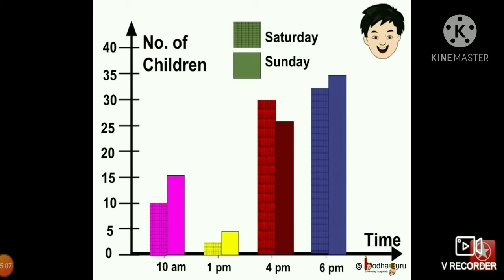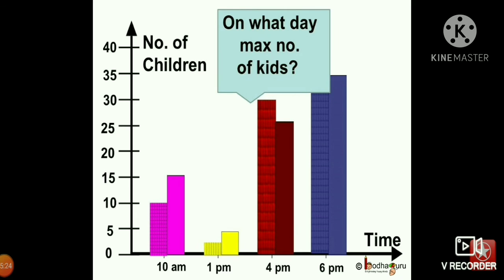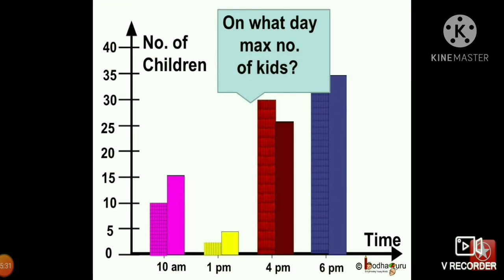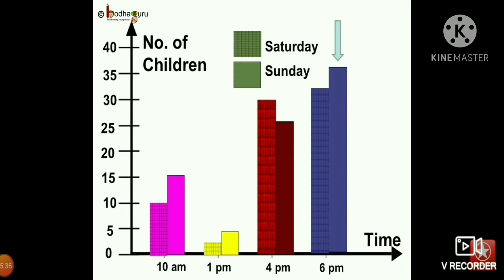The first one is Saturday and the second one is Sunday. This is representing the two datas in one graph. So first you have to draw individual bar graphs, then draw these two in one graph. Then you can tell the answer: on what day did the maximum number of kids come to the park?